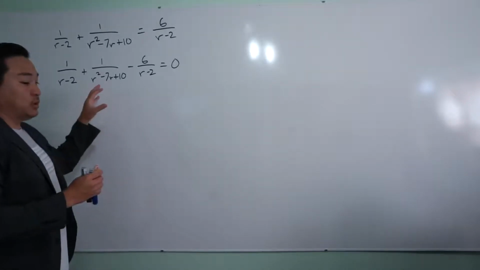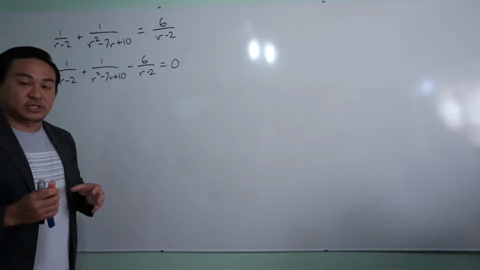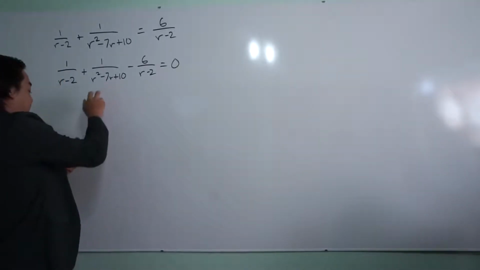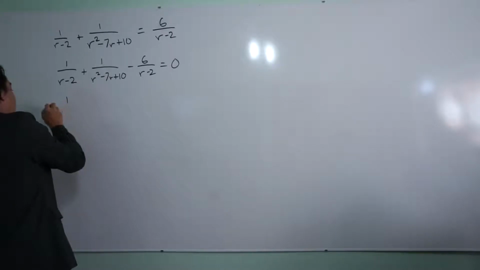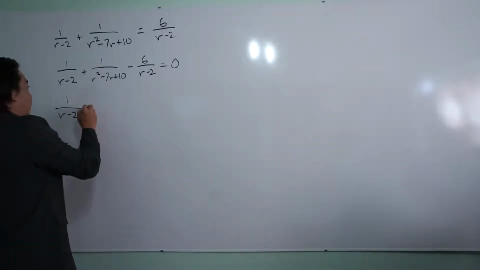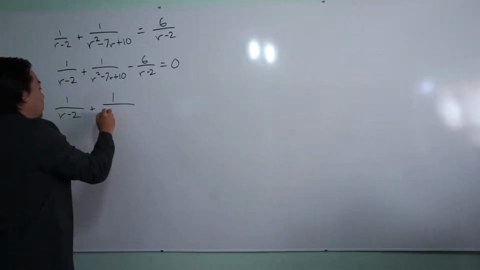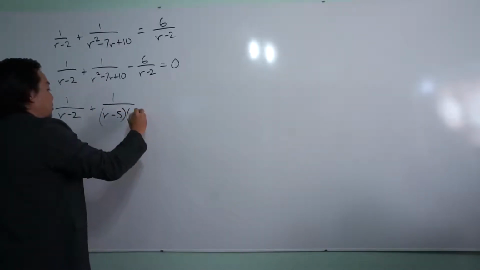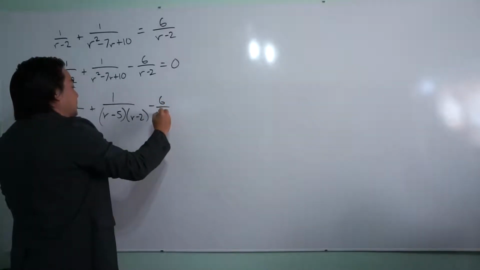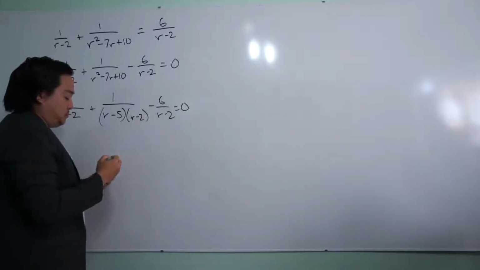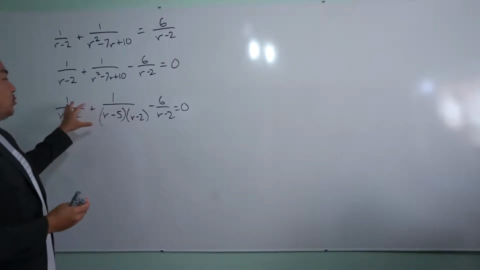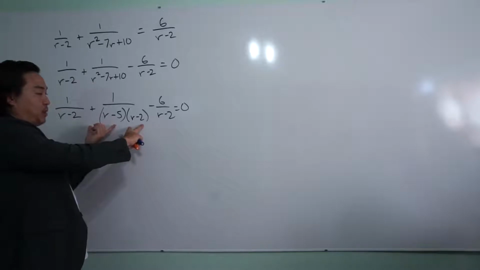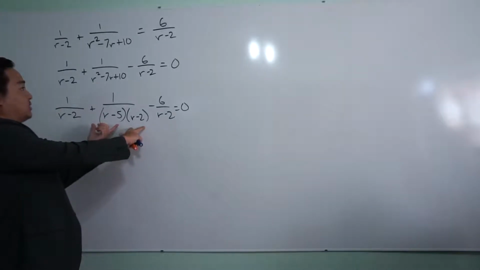In order to put all the fractions together, we need an LCD. So we need to factor this bottom part over here as 1 over r minus 5 times r minus 2. And then the other one stays the same. Okay. So the LCD here is pretty clear, because the only things in the bottom are r minus 5 and r minus 2.